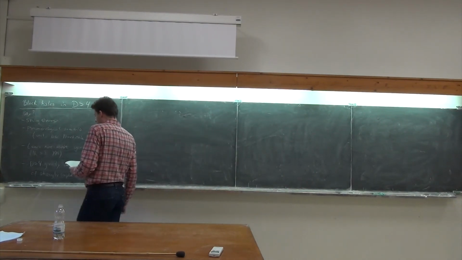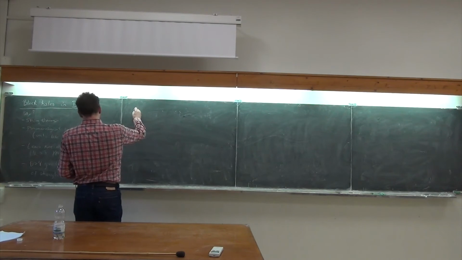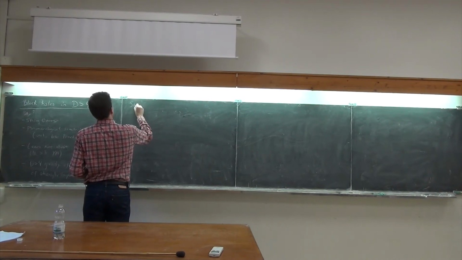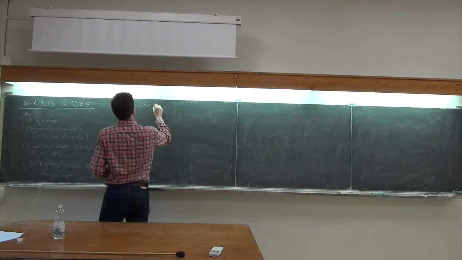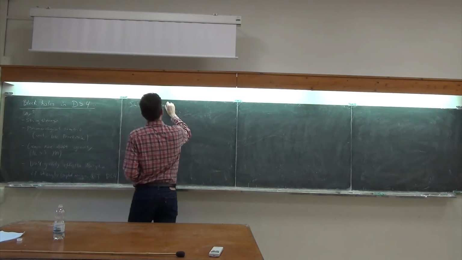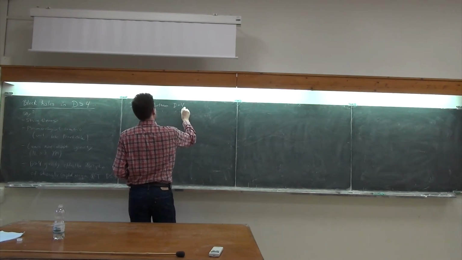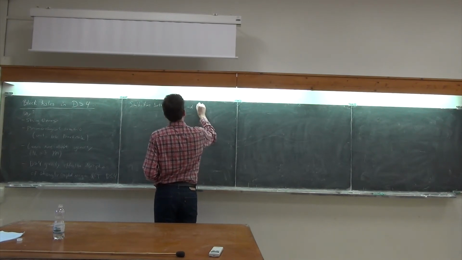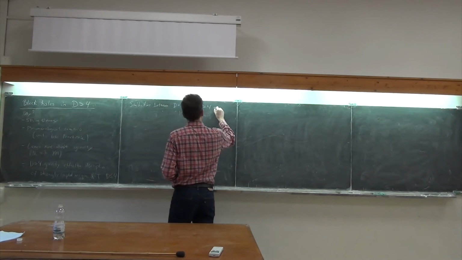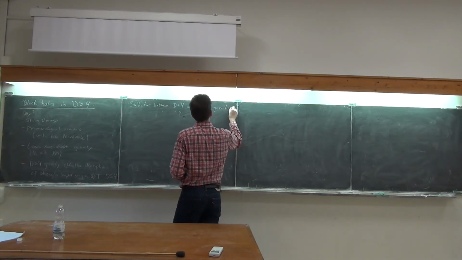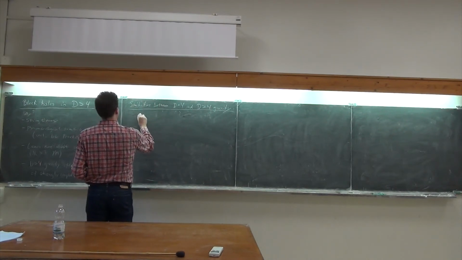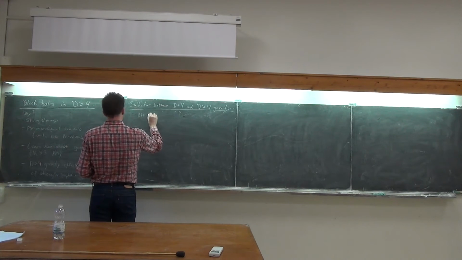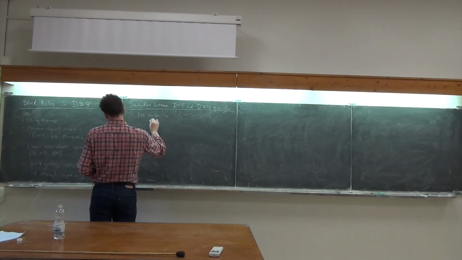Okay, so let's look at the similarities now between what you have in D equals 4 and D greater than 4 gravity, because many things are very similar or exactly the same. For example, you still have black hole mechanics, as I told you about.